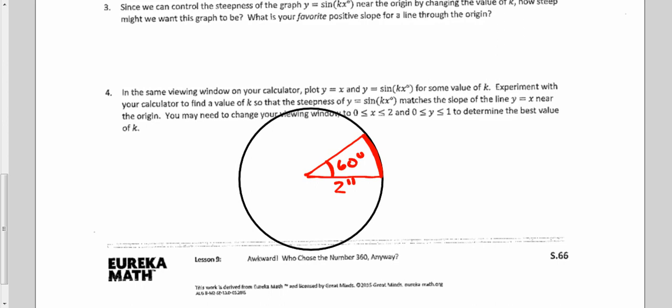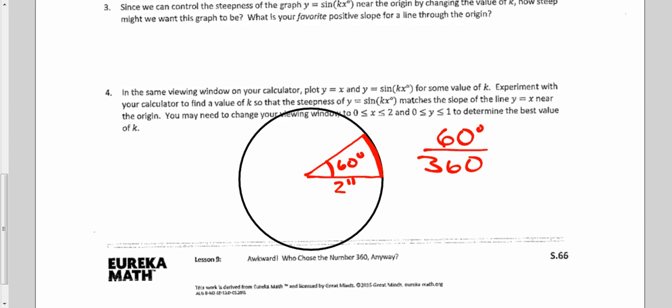Now, how far around the circle did he walk? Did he walk around the whole circle? Did my ant walk around the whole circle? How much of the circle did he walk around? He walked 60 degrees out of how many degrees? 360, right? Can I simplify that fraction?